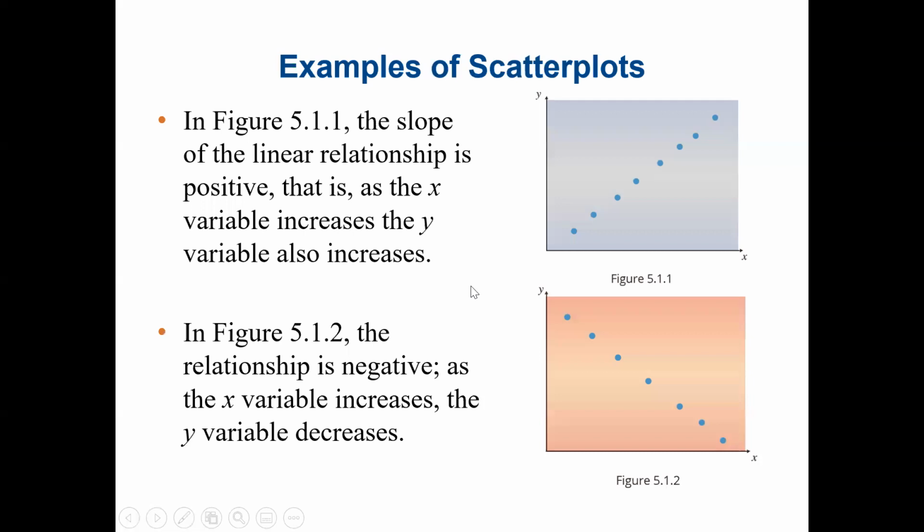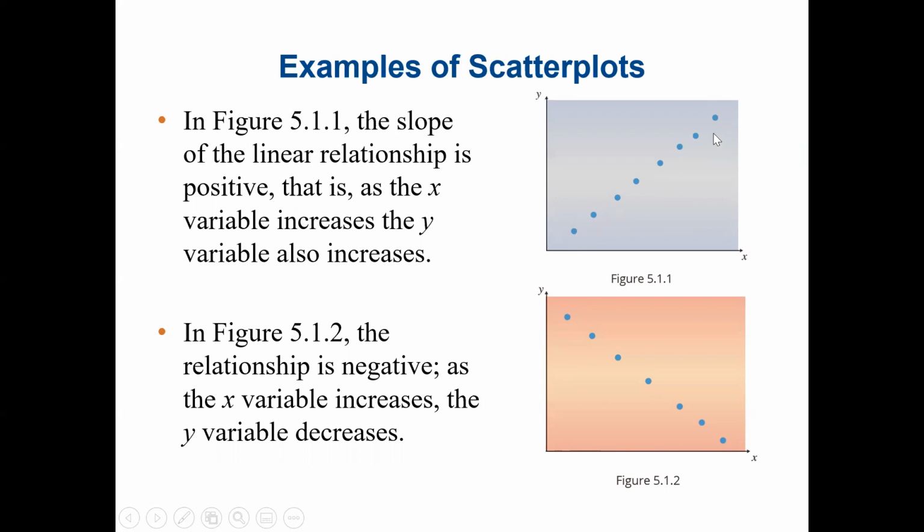Now, this is an example given. We can see in figure 1, when X increases, Y also increases. But when we look at the second figure, the bottom here, we can see that when X increases, Y is decreasing. So here we will say that the slope of the linear relationship is positive.